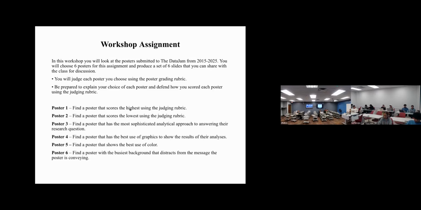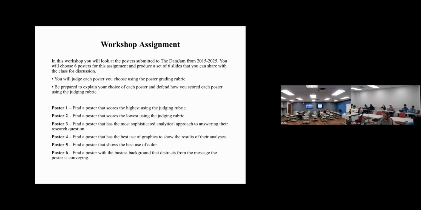You're going to want to look at the judging rubric and then look at the posters. And this is the best overall poster, basically. That may be the hardest one. You probably don't want to start with that one.